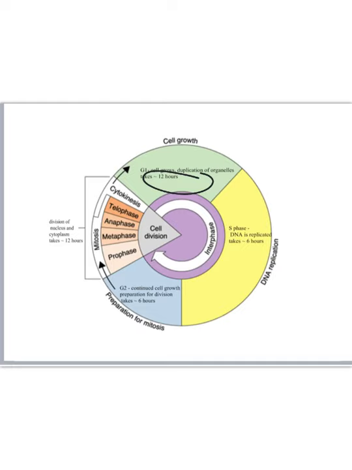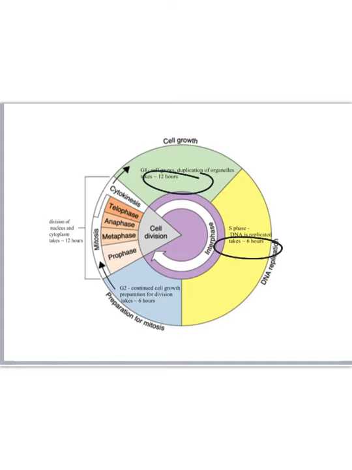Cells have different jobs, and based on their different jobs, they're going to divide either more frequently or less frequently. Cells that divide quickly or frequently are our skin cells, our hair follicles, our intestinal cells. But then there are some cells that don't ever divide, like mature blood cells, nerve cells, and some muscle cells. So this is totally dependent on what kind of cell it is.